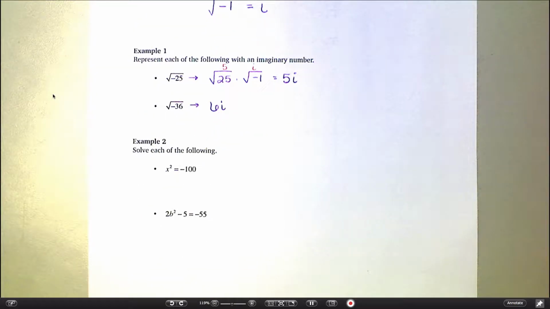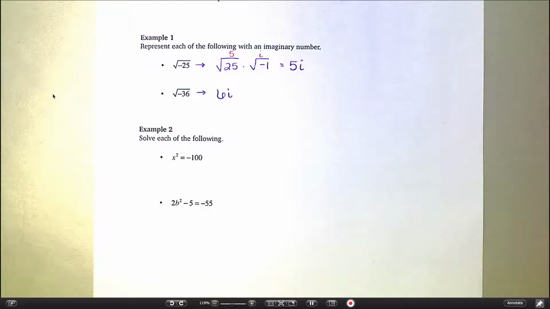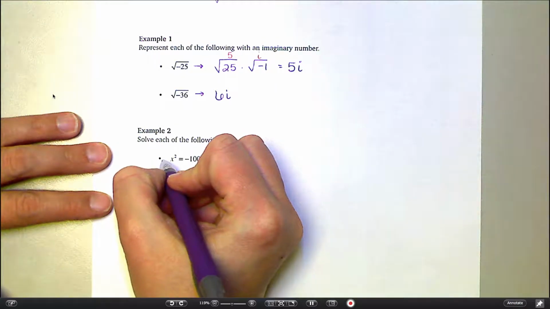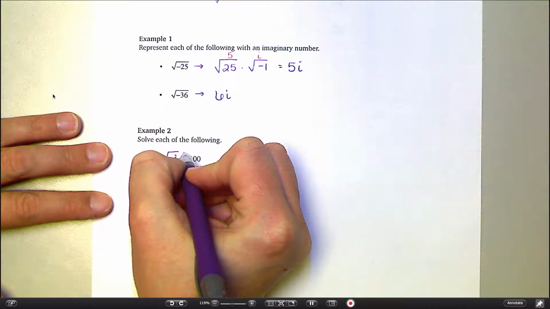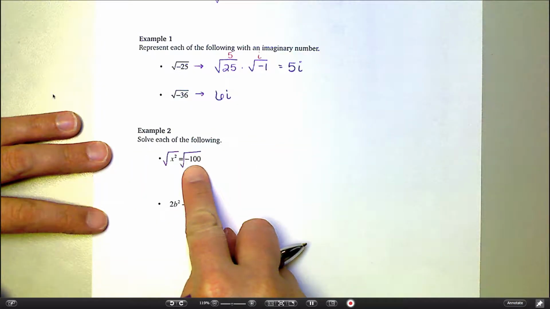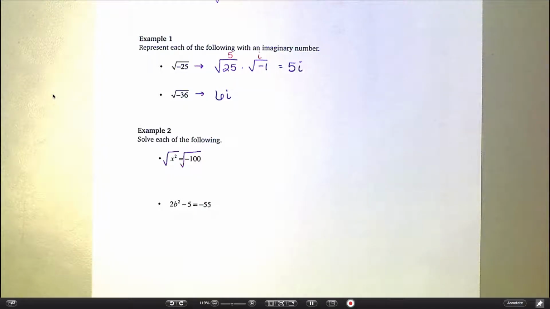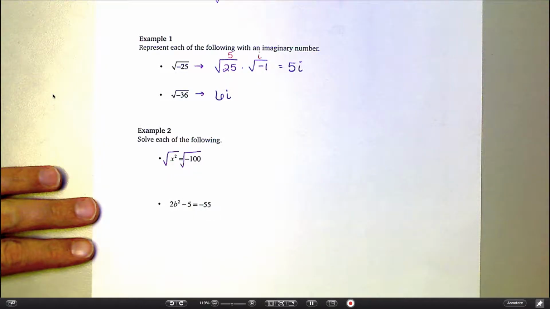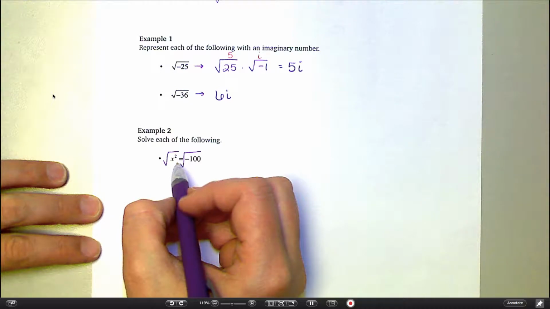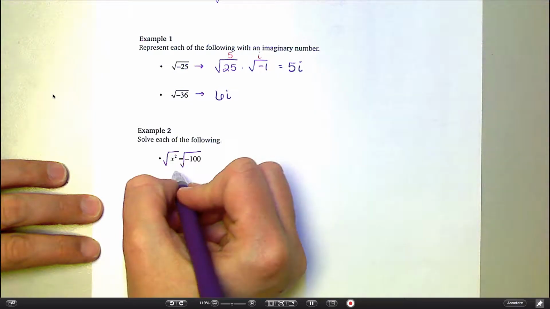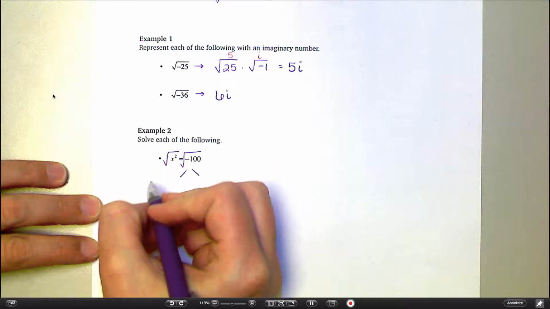So let's take a look at example 2 here. This is some solving. x squared equals negative 100. If I was being asked to solve this, I would come along and I would take a square root on each side. And again, up until now, we would have looked at that and said, oh, no solution. Now we have a solution, okay? What we do still have to remember is when we're taking a square root, we get a positive and a negative answer.